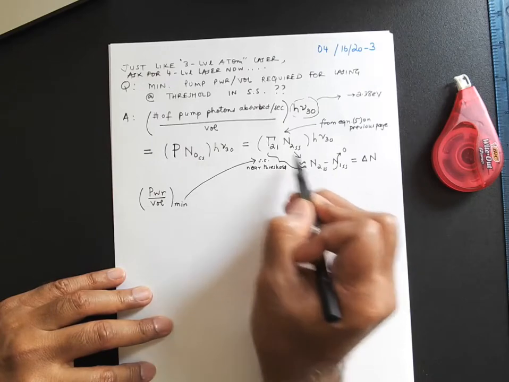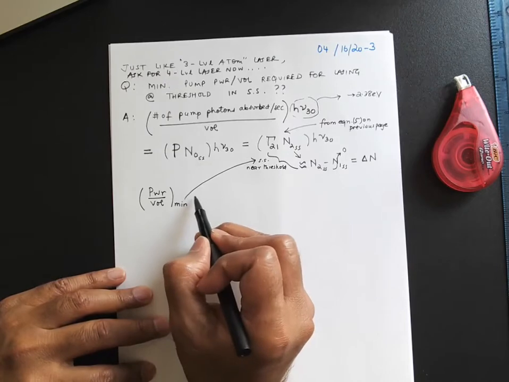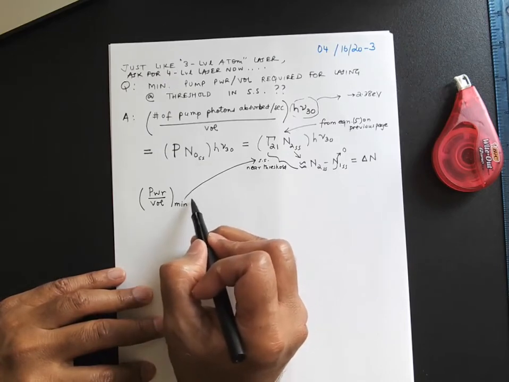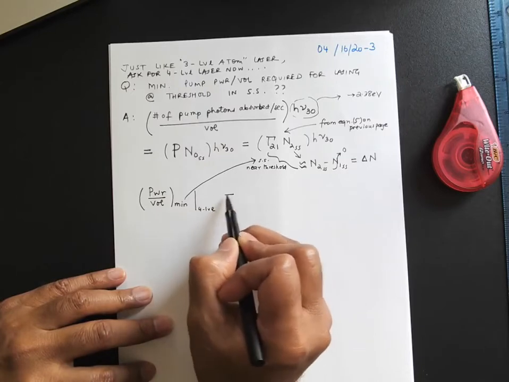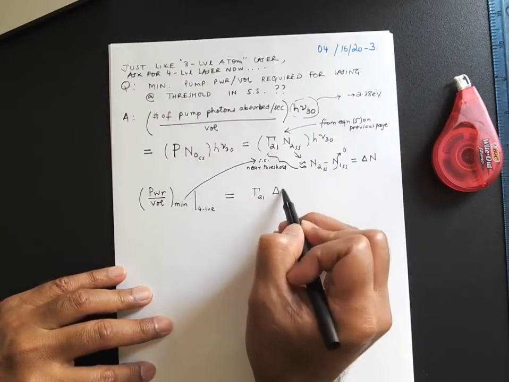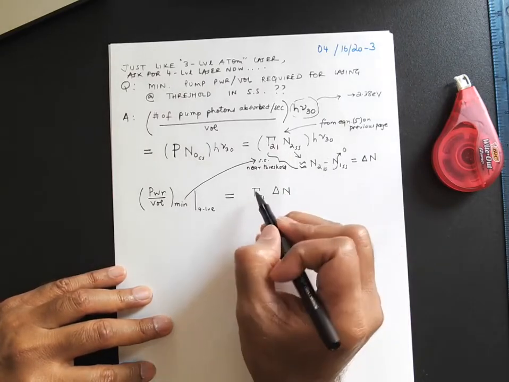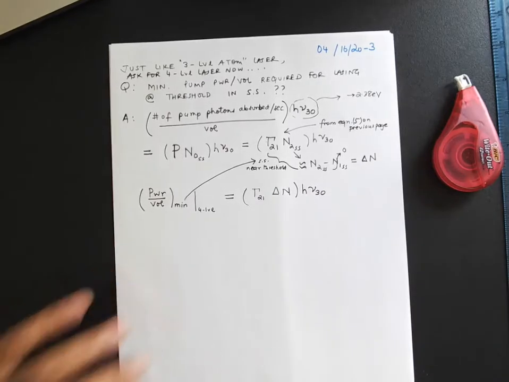That's where I got this condition. So the minimum power per unit volume required for a 4-level laser is equal to gamma 2,1 delta N H nu 30.